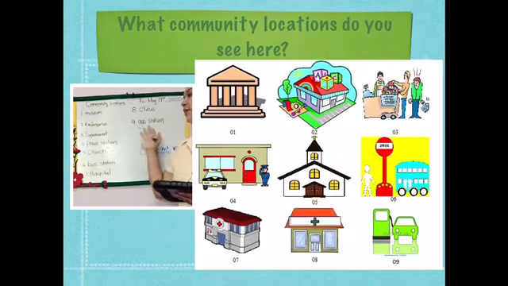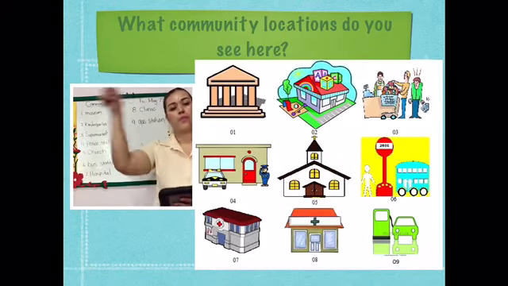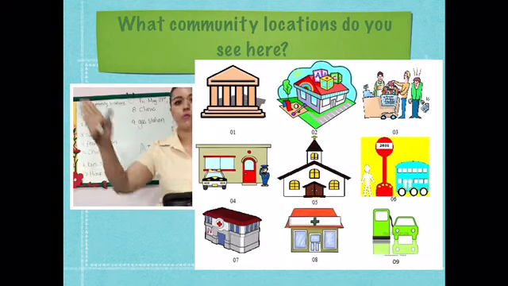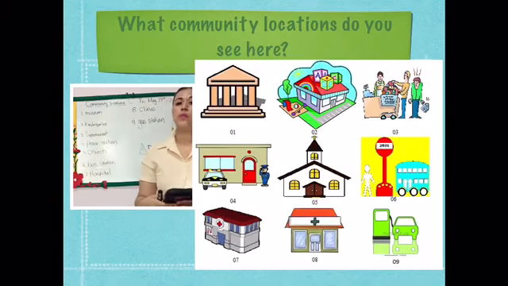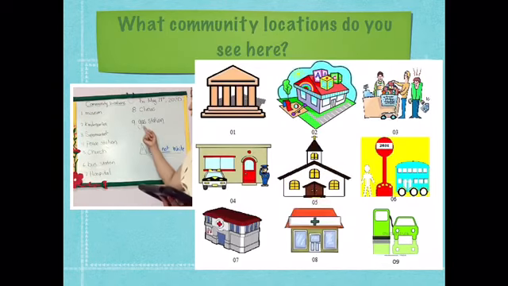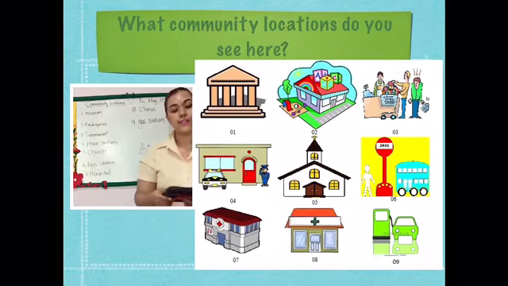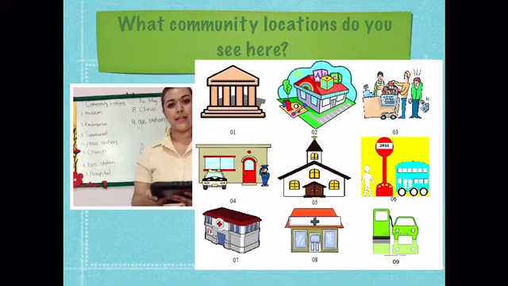And especially in my community, I have one here in Boca del Rio. I have a very close one, which is kind of good because if I have to go out and I'm running out of gas, I go to the gas station and they provide me some gas. All right, so these were the locations that you guys see there in the image, and I hope that you guessed correct in the time that I gave you.